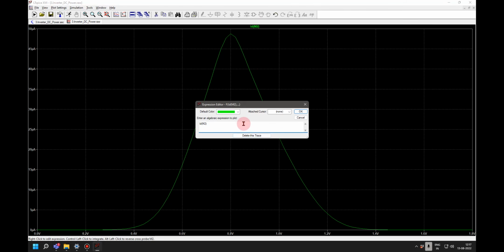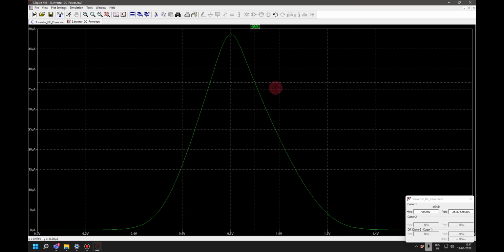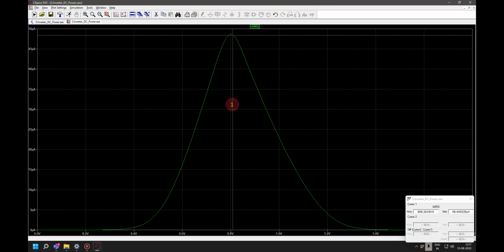Attach the cursor first, and then move this cursor to the desired value. A window pops up here, and it says 48.6 micro. That is the peak current which will flow when the input is exactly at the inverter threshold level. This is known as the inverter threshold level.